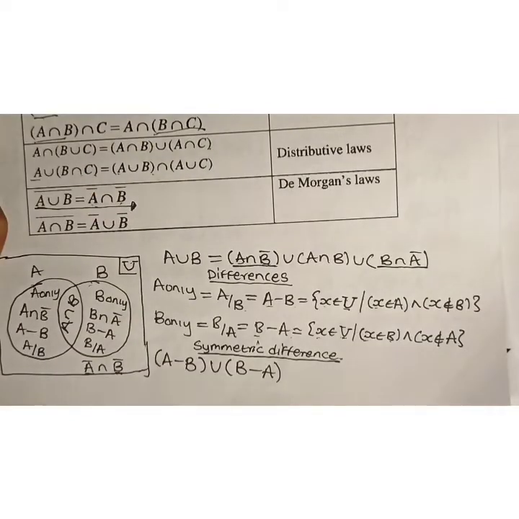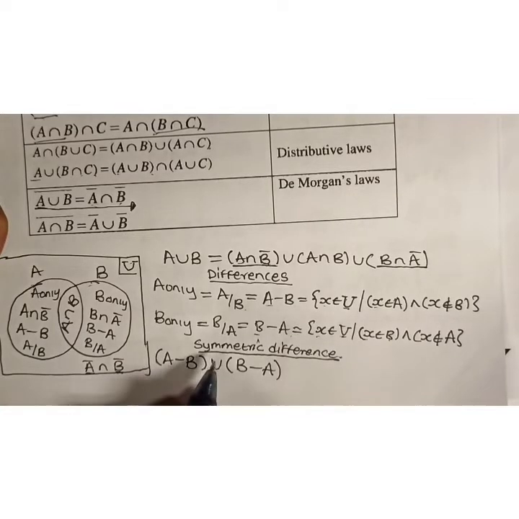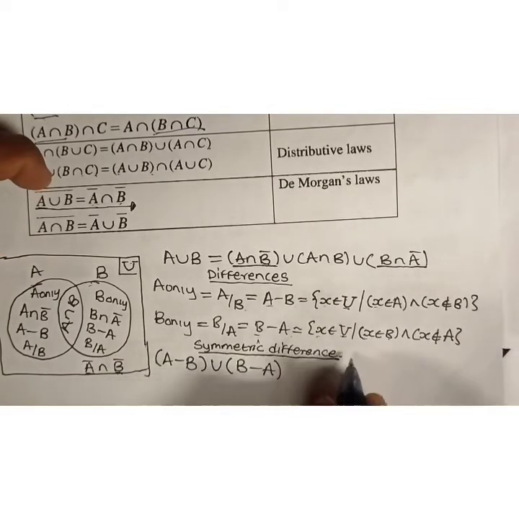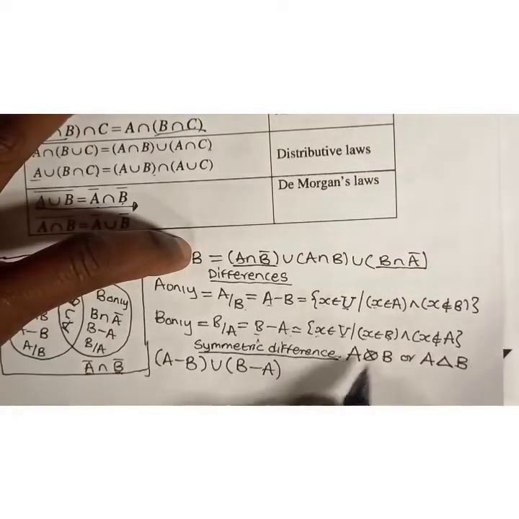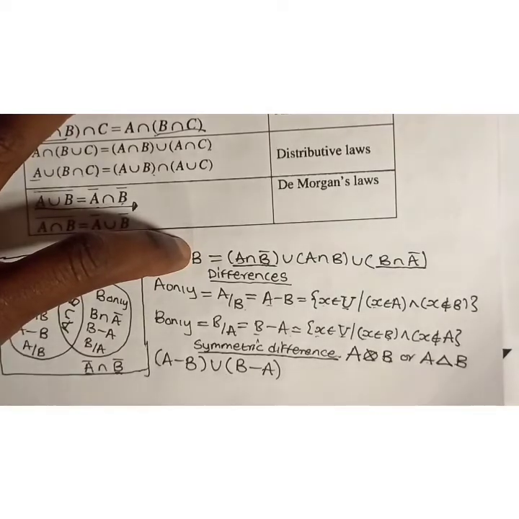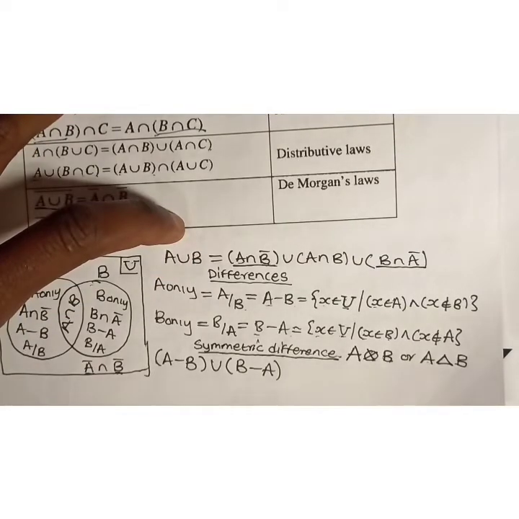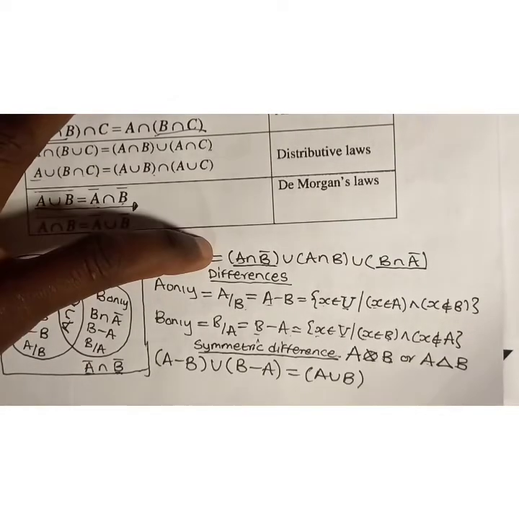The union of two disjoint sets. The symmetric difference of two sets A and B is denoted by A bulb B or A triangle B, which is the same as A union B minus the intersection.